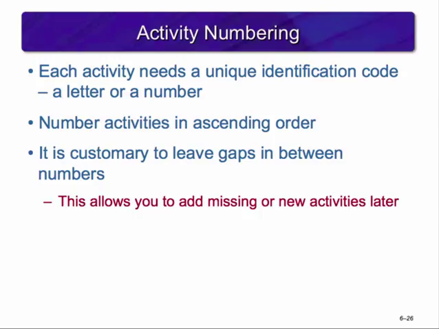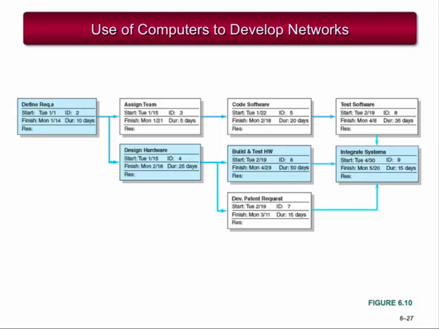It is customary to leave gaps between numbers such as 1, 5, 10, 15, etc. Gaps allow you to add missing or new activities later. Because it is nearly impossible to draw a project network perfectly, numbering networks is frequently done after the network is complete. All of the tools and techniques discussed in this chapter can be used with computer software currently available.